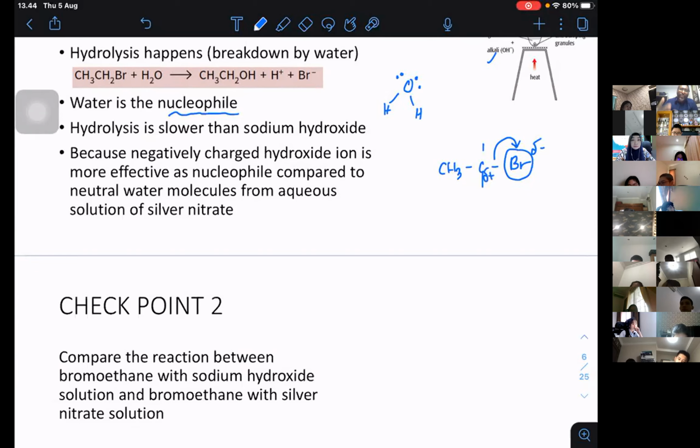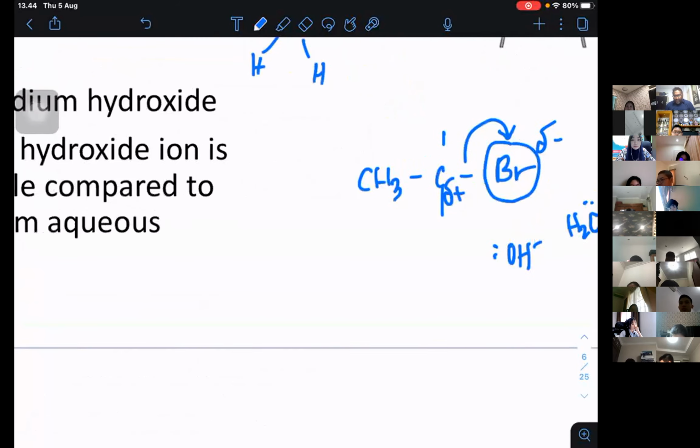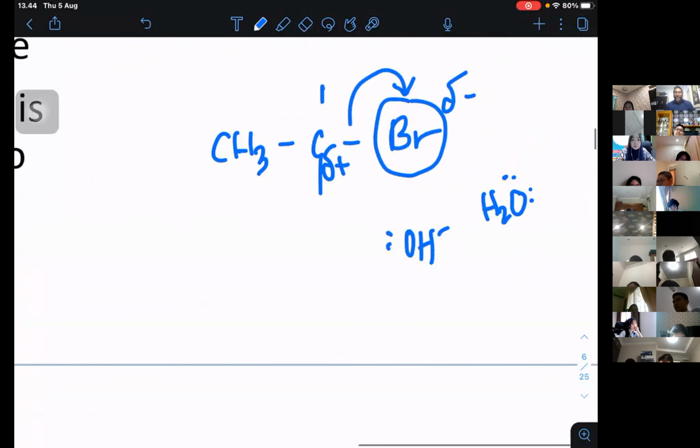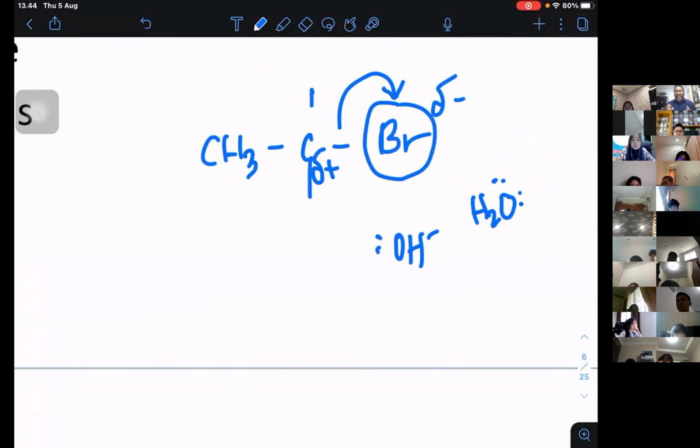So what is a nucleophile? A nucleophile is attracted to a nucleus. The nucleus is positively charged. Therefore, you can have OH minus or water, because they have the lone pair and can be attracted over there. But the level of attraction is going to be different. OH minus is negatively charged, and the delta positive carbon is positively charged.